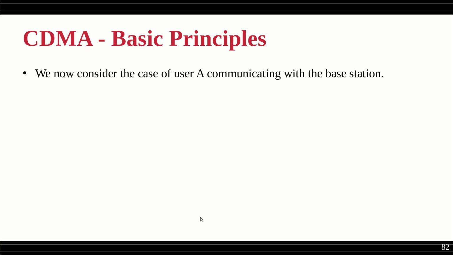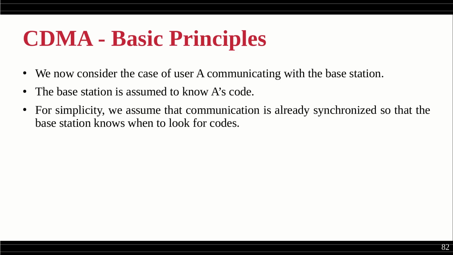Now consider the case of user A communicating with the base station. A, B, C, all 3 can communicate, and for the time being, suppose A is communicating with the base station, and assume that the base station knows A's code, only then can we implement this. For simplicity, we assume that the communication is already synchronized, so that the base station knows when to look for the codes.